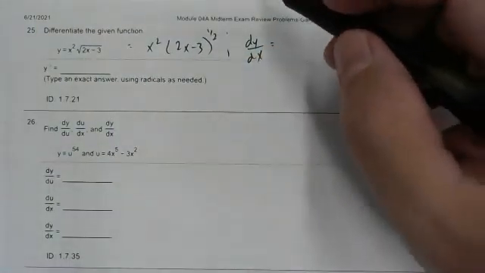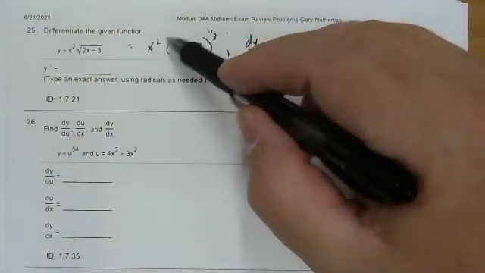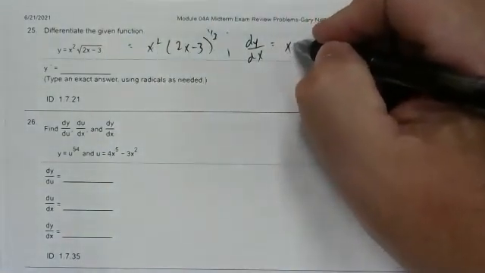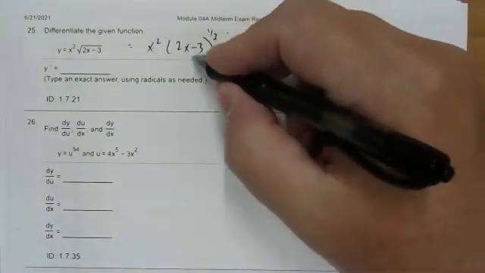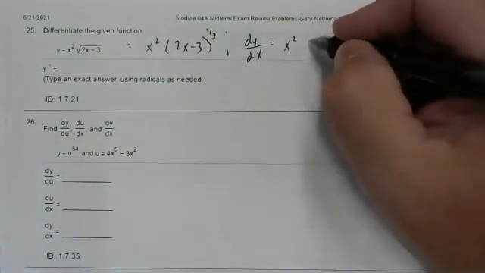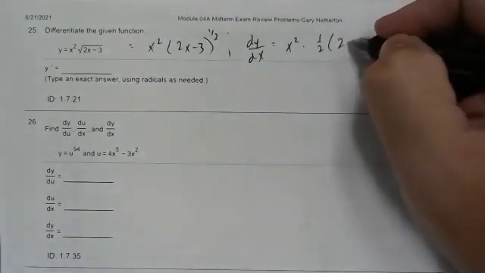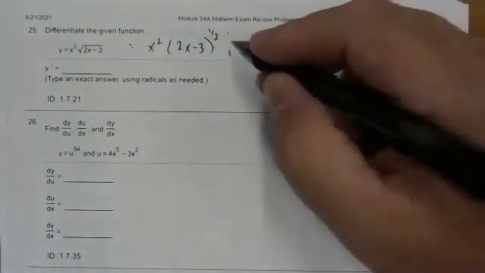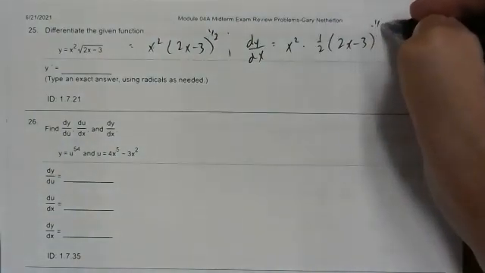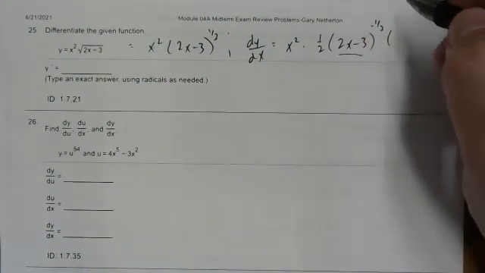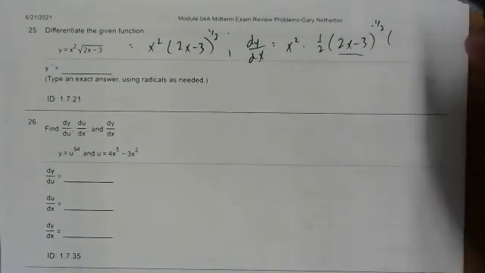For the derivative, I have to use the product rule, right? This times this. So the first times the derivative of the second one. So the derivative of the parentheses is you bring the 1/2 down front, copy your parentheses, subtract 1 from the exponent, and you multiply by the derivative of what's inside the parentheses.